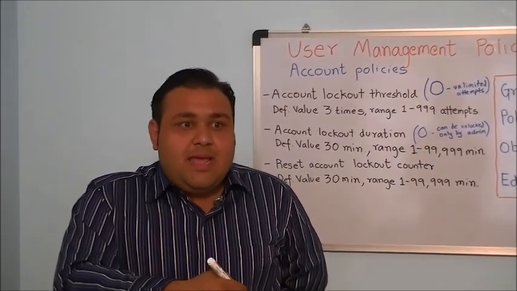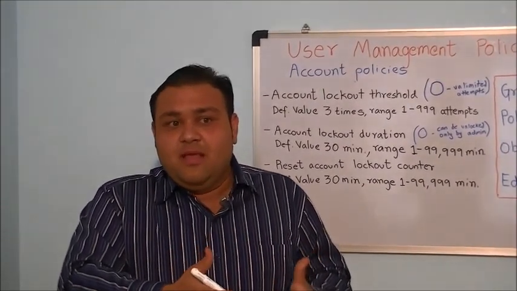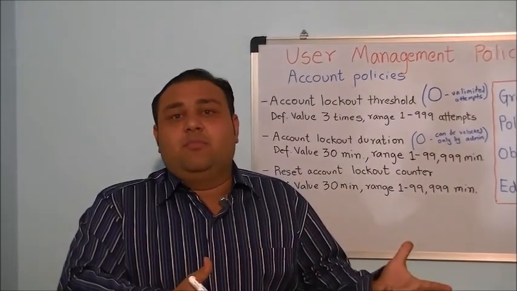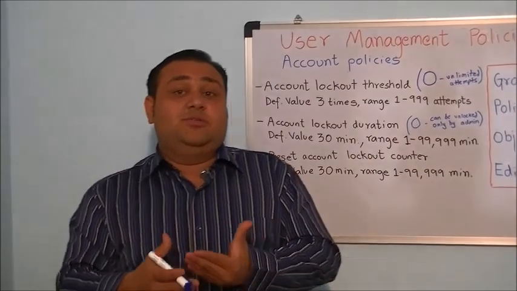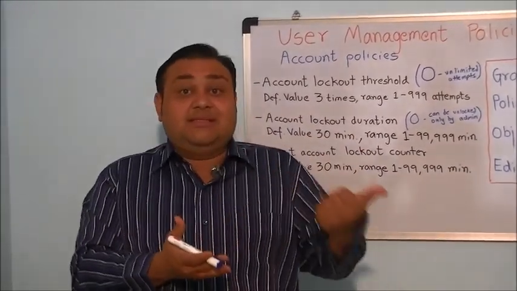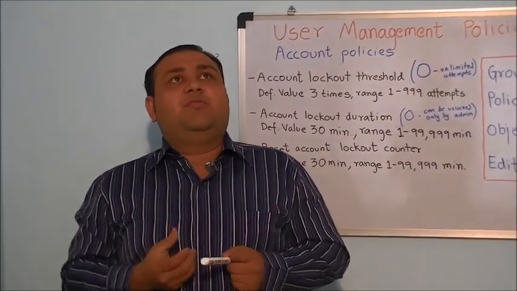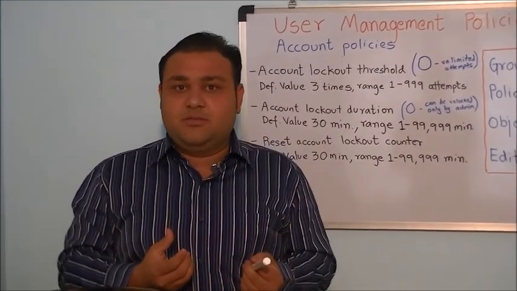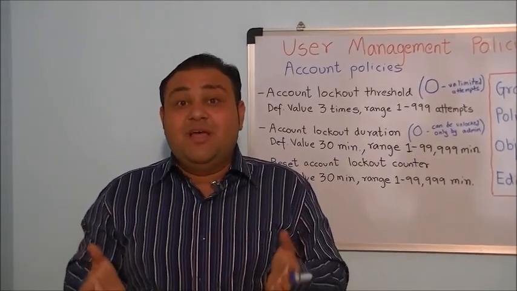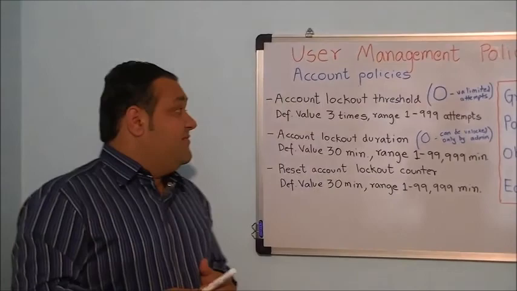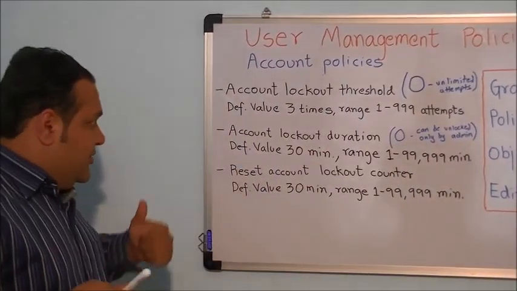If somebody works with a person for a very long time, that person tends to know everything about his colleague. If he wants to access his colleague's user account, he can make a list of all the things he knows about this person, combine all the values, and try to work out the password. To stop such activities, we have account lockout threshold.